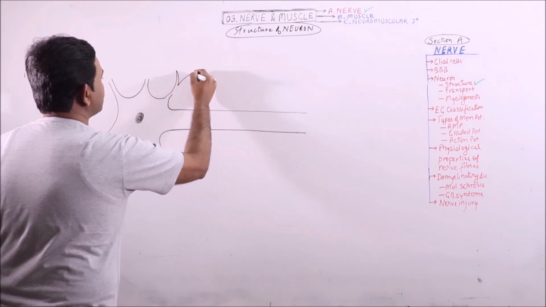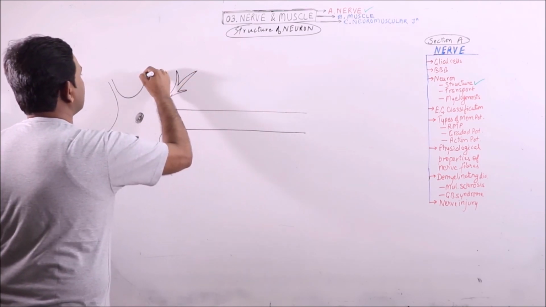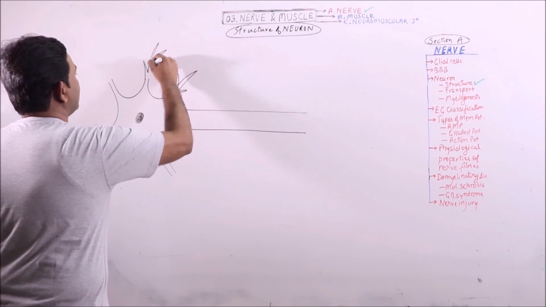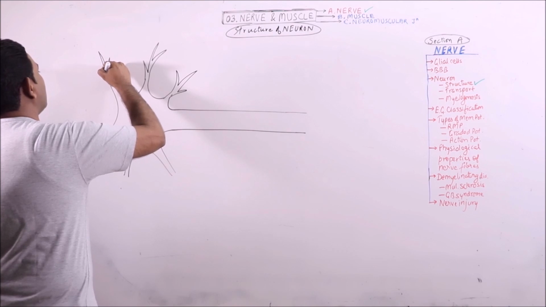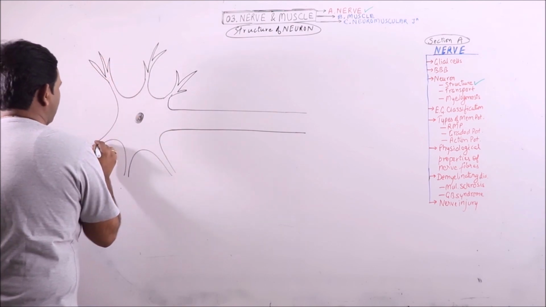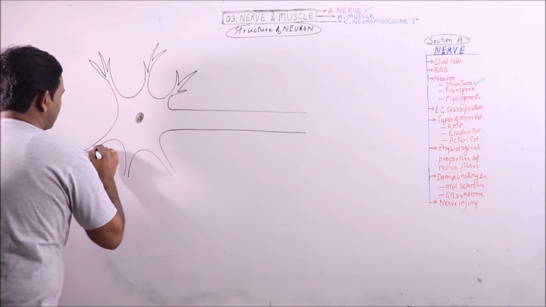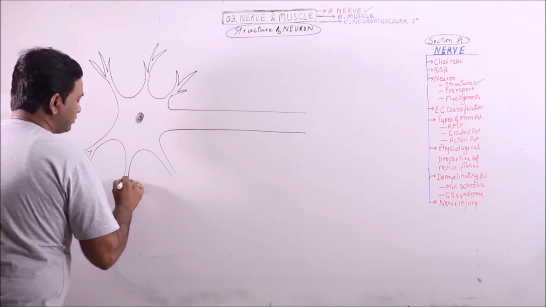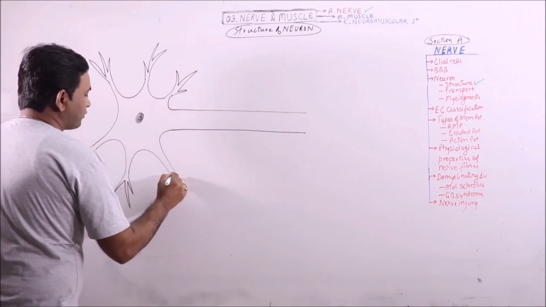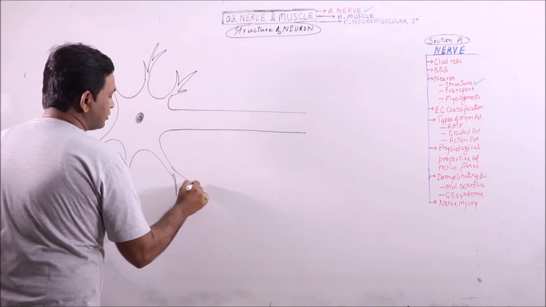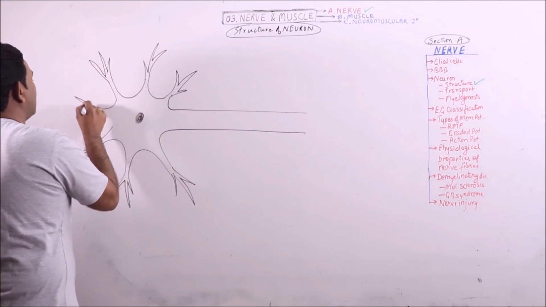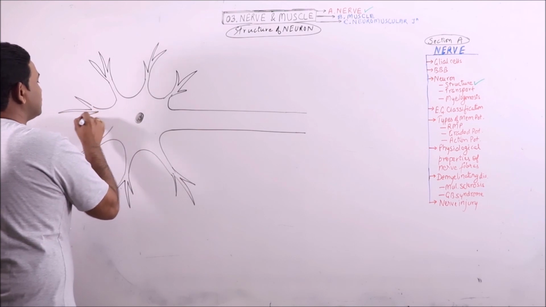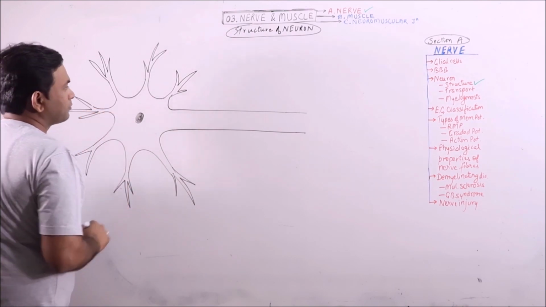Many branches emerge from the cyton part which finally divide to form fine branches. These branches are basically termed as dendrons or dendrites. The terms dendrons or dendrites are basically used synonymously.